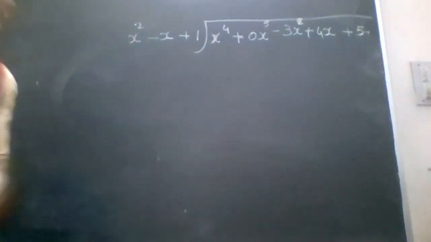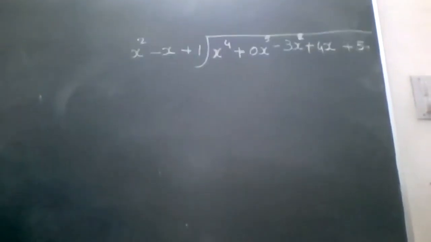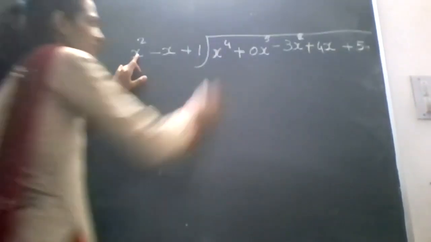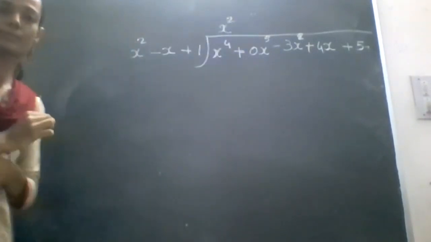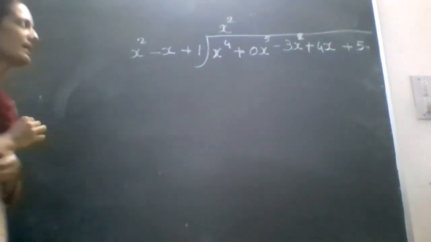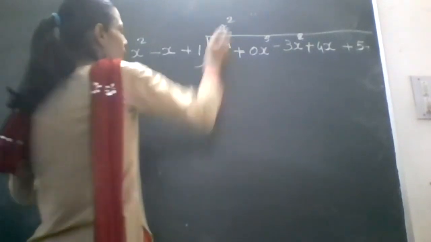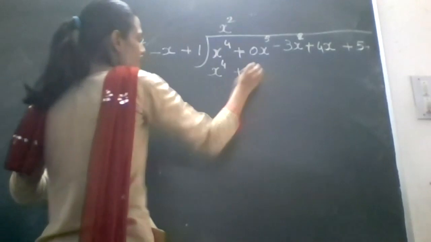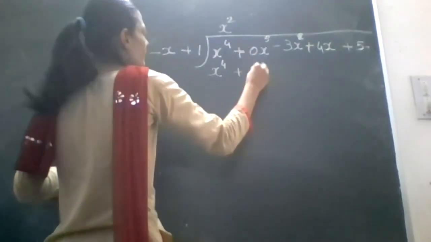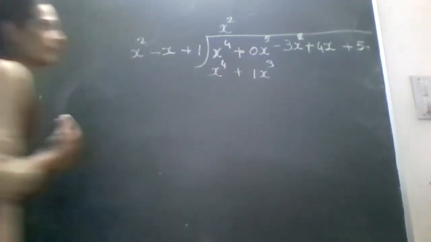Okay. Now again we have to equalize. Here x square is there, here x into 4 is there. So what do we need? We need x square, so we require x square. Now multiply, what becomes? x square into x becomes 1x cube only.